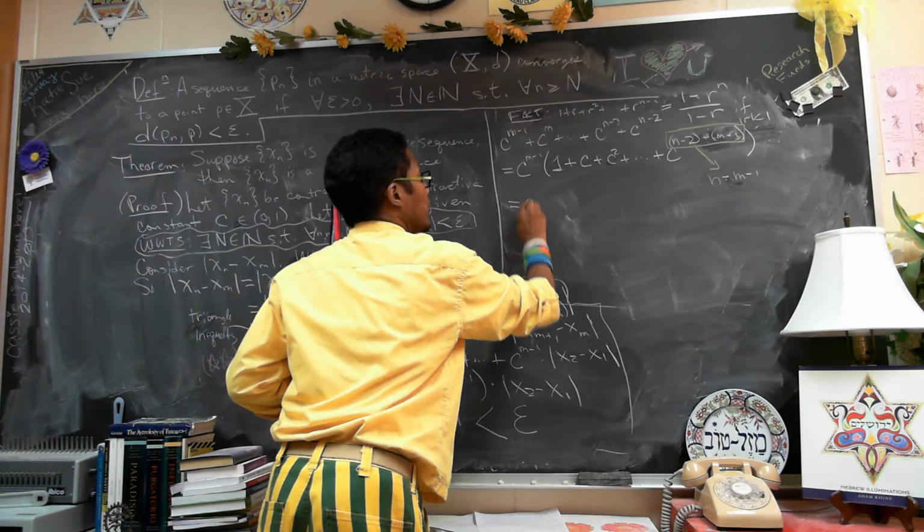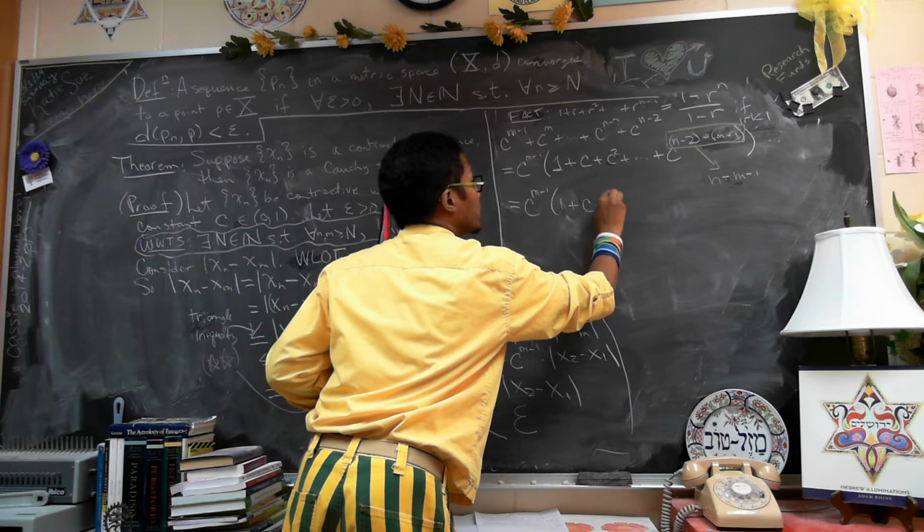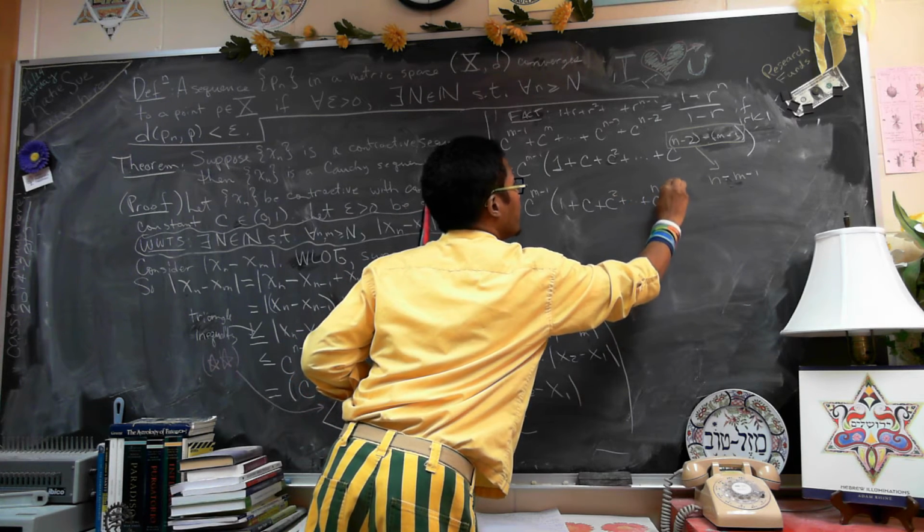So this is really just c to the m minus 1 times 1 plus c plus c squared plus dot dot dot plus c to the n minus m minus 1.